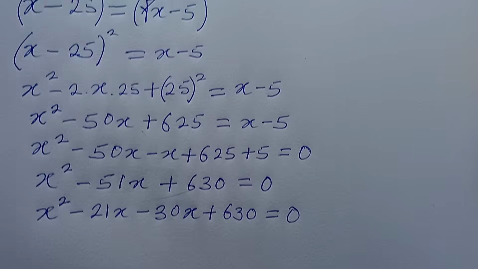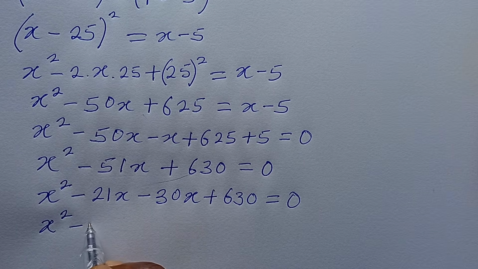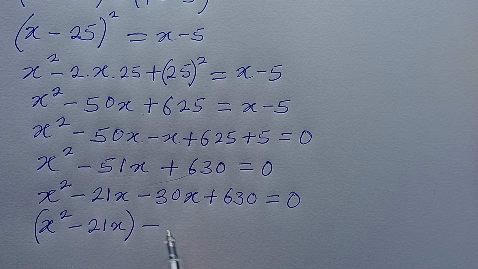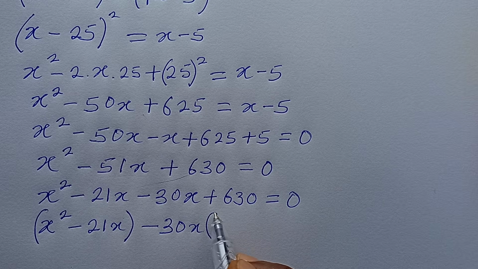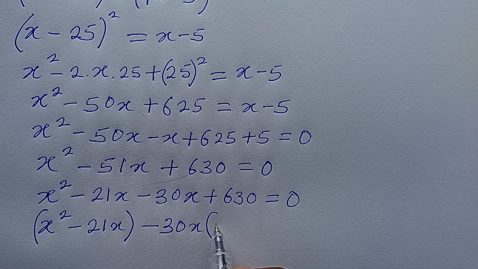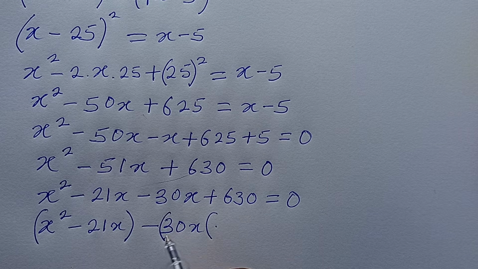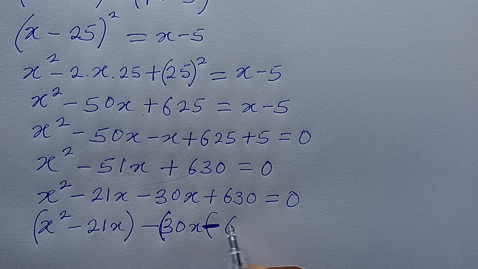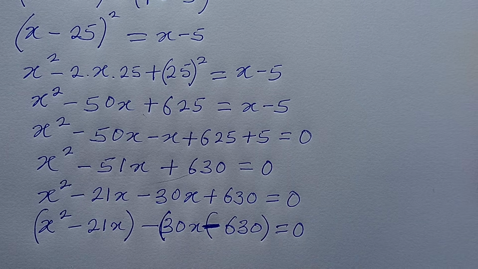Then it's going to give us x squared minus 21x in bracket, then here we have minus 30x in bracket, and with this minus, we have minus 630, then everything equal to 0.